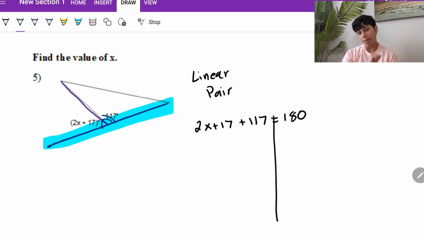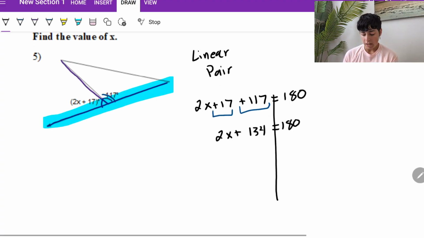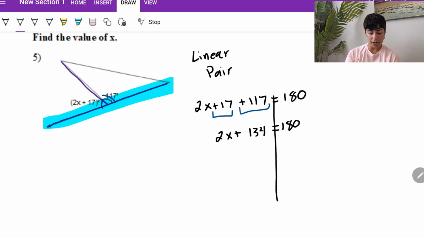Step 1 is always combine like terms. So we got a 17 and a 117, so we're gonna add them together. And we get 2x plus 134. Next, we want x alone, so we're gonna have to get rid of that 134 by subtracting it from both sides.